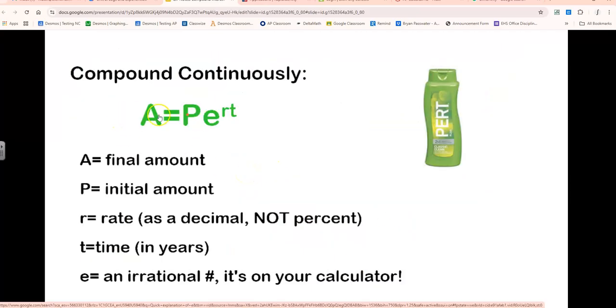Okay, so if you were old like me, the Pert shampoo would have come out when you were a small child, and there'd be a lot of commercials on TV about Pert shampoo, the amazing invention of shampoo and conditioner in one, which doesn't work all that well. It is always amazing to me how they market to men and women so differently. If you go down the men's aisle, there are a ton of 2-in-1, 3-in-1 shampoos. It's shampoo, body wash, conditioner all together.